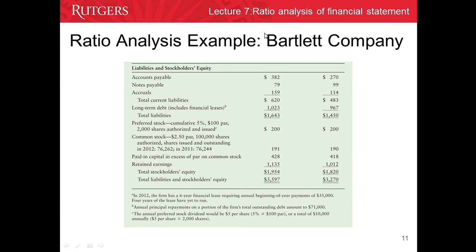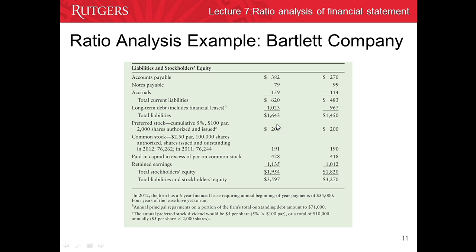In the balance sheet, we can find the total stockholders' equity is equal to $1,954,000, while we can also find the preferred stock is equal to 200.